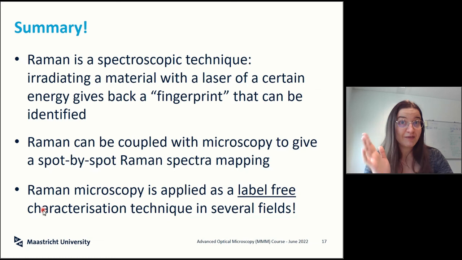And you might have noticed that at no point in this presentation did I talk about labeling, because you don't have to label anything. The chemistry is doing the label by itself.